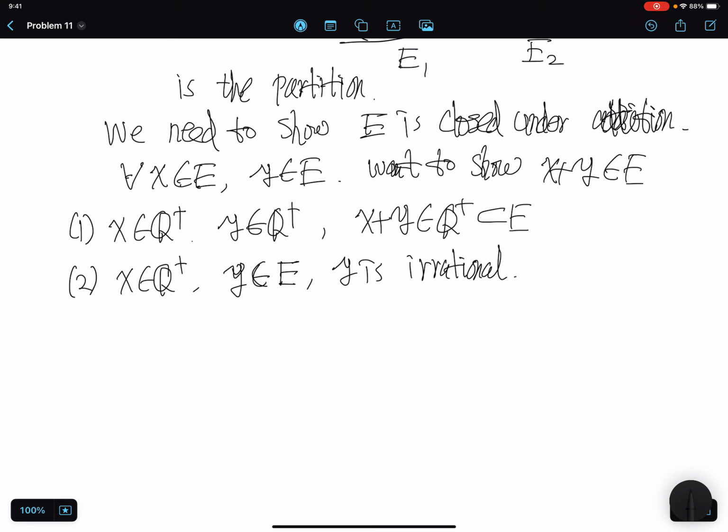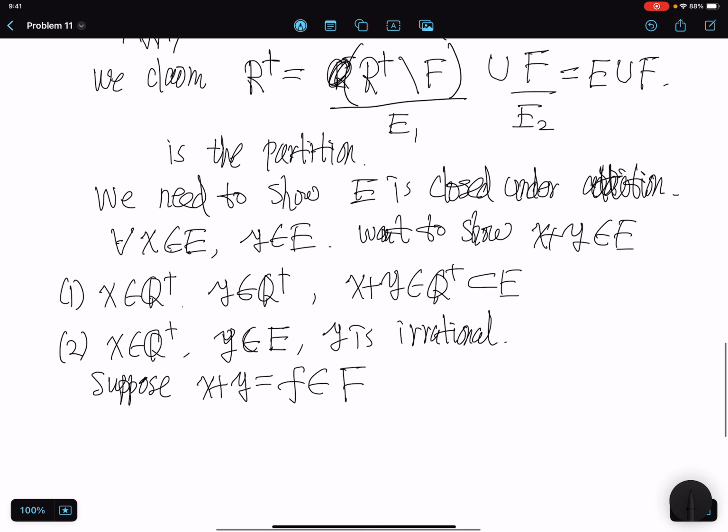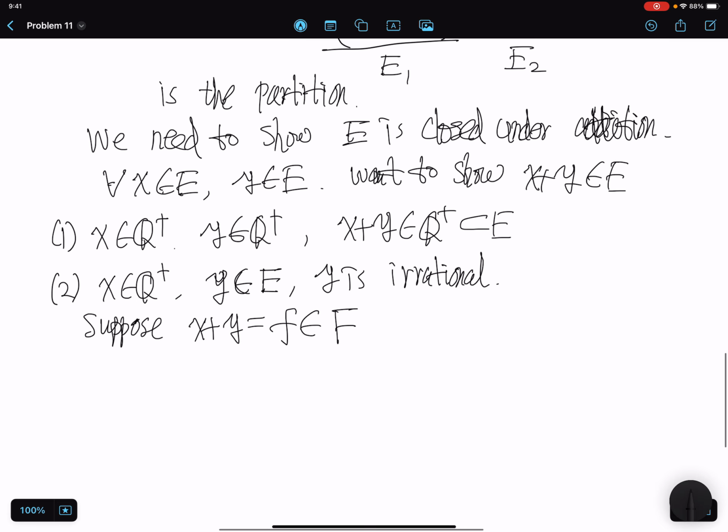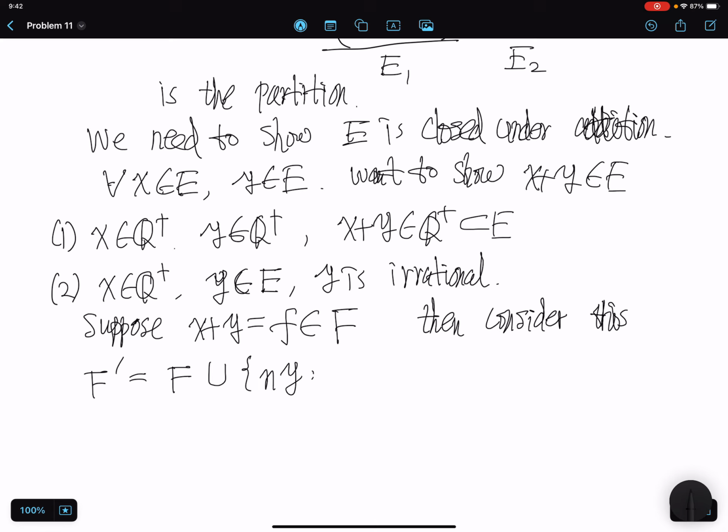So suppose not. Suppose X plus Y is some element in F. Remember, F is the maximum member of P. Then consider this set F prime: F union all the multiples of Y, and also all the numbers of the form f plus nY, where f is in F and n is a natural number.